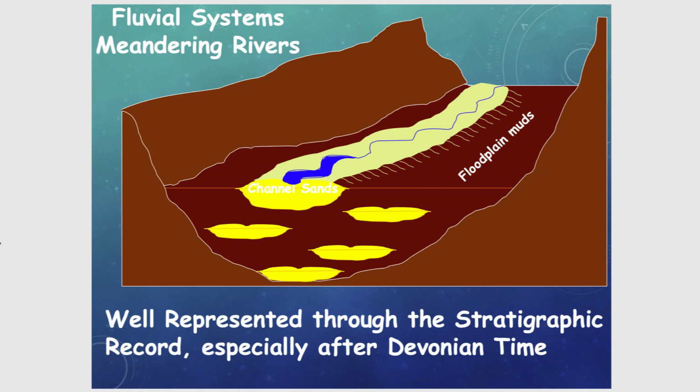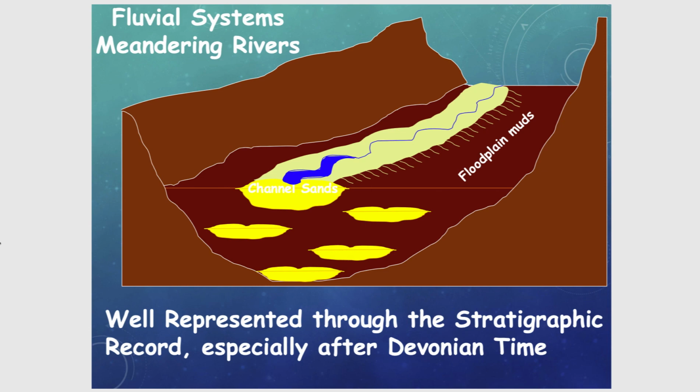So in definitive, we can conclude that these are dynamic systems and they are well represented through the stratigraphic record, because if you think of systems that abandon their course, all that stratigraphic record gets preserved in the history of the rocks if it's no longer subject to erosion and reworking of a drainage system.